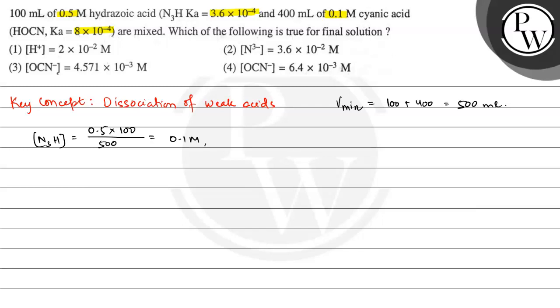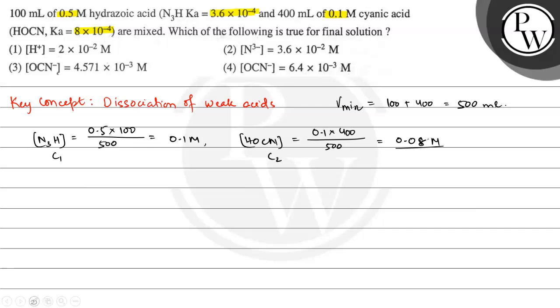And the concentration of cyanic acid, HOCN, will be previous concentration, that is 0.1 molar, multiplied by 400 ml, the previous volume, divided by the volume after mixing, that is 500 ml, and this is equal to 0.08 molar. Alright, so let it be C1 and let it be C2.